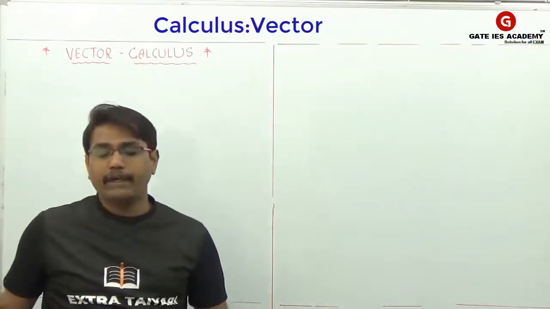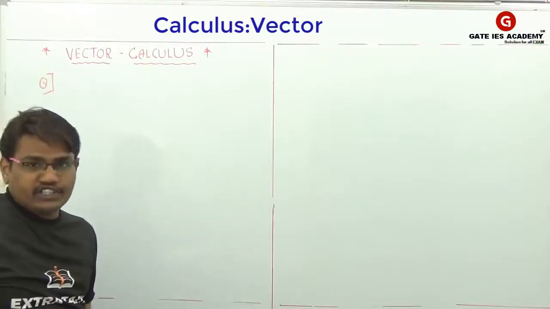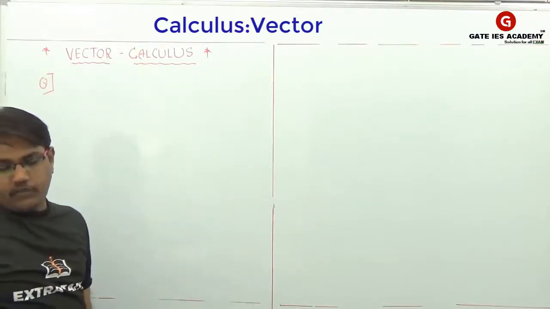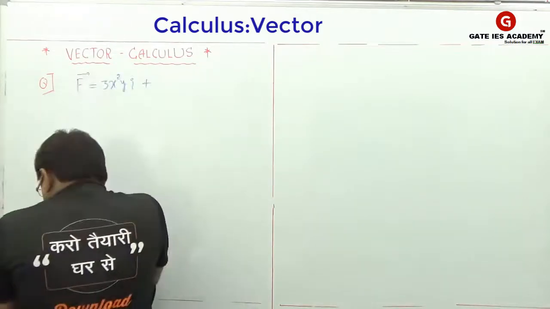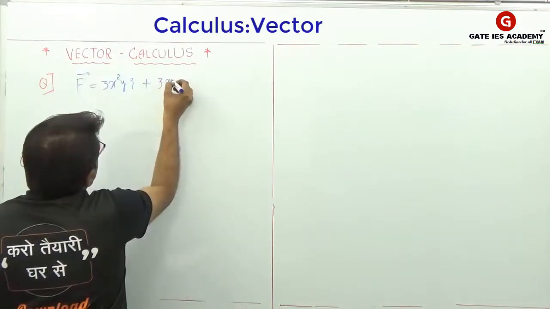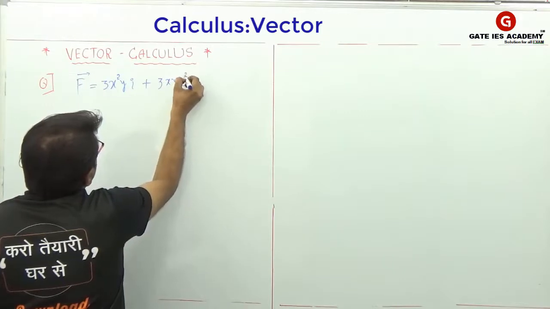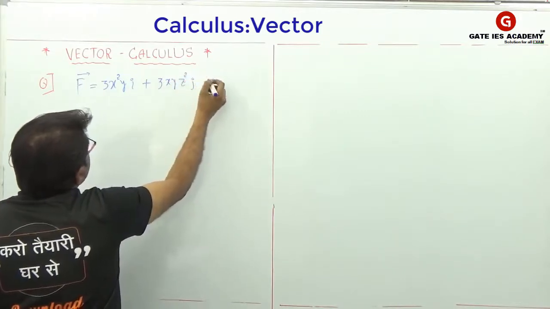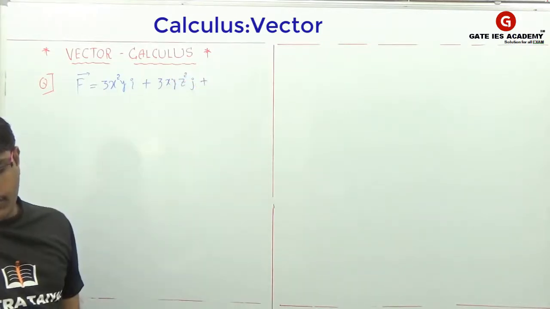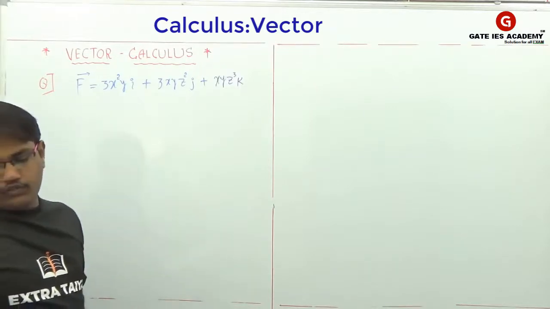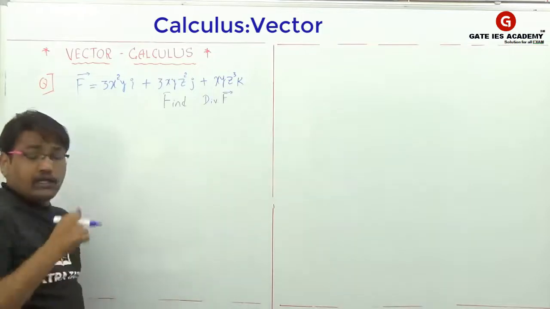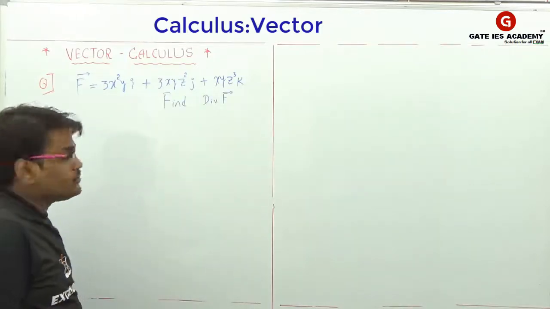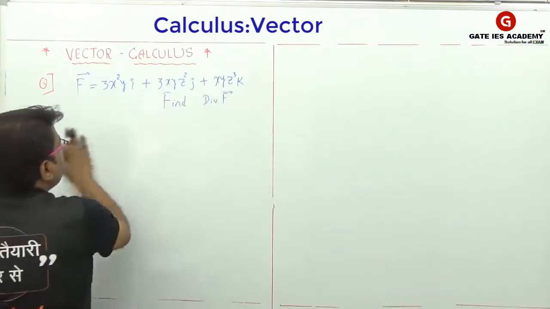So let us take some examples. A vector function is given here, that is f bar equal to 3x square y i plus 3xy z square j plus xyz cube k. Now you need to find the divergence of f bar. So how to find the divergence?